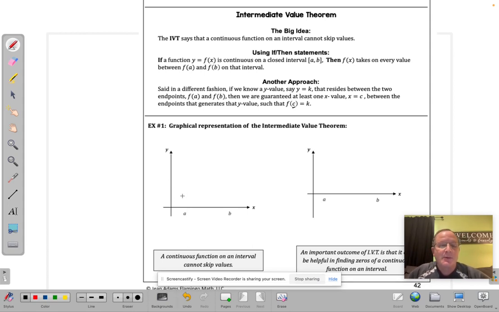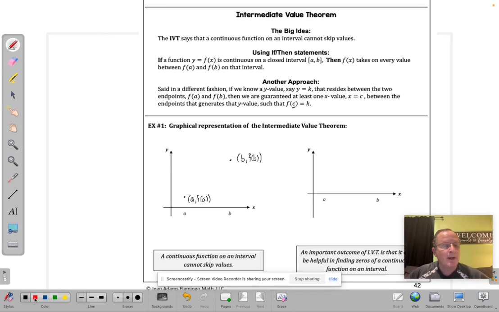So say we're traveling. Say right here is the point a, f of a. And then over here is the point b, f of b. And whatever it does, I don't know. Let's change that up a little bit.